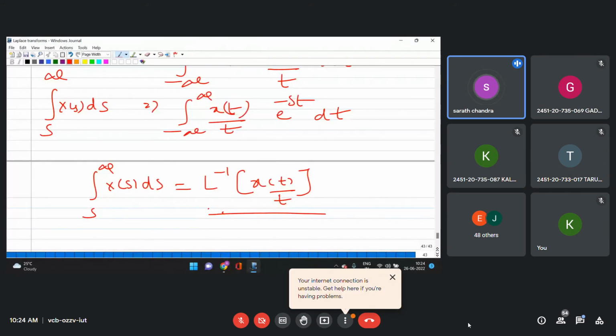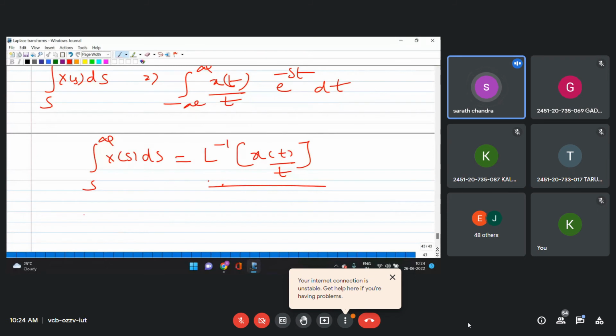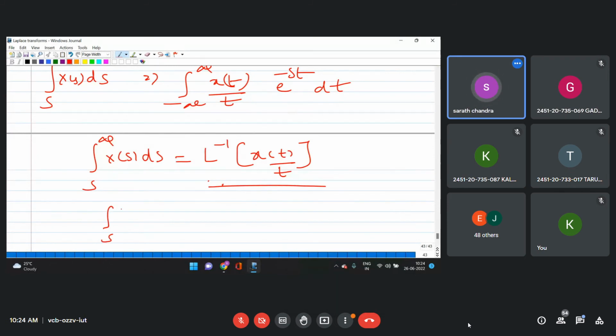If I take out that equals and take Laplace to the other side, this is integral from s to infinity x of s ds, similar, just because I'm taking inverse to the other side it becomes Laplace.